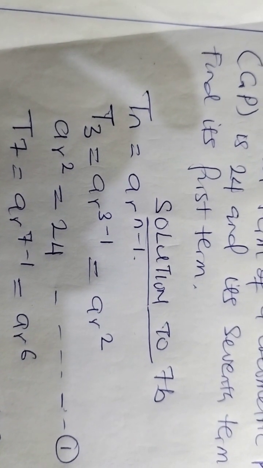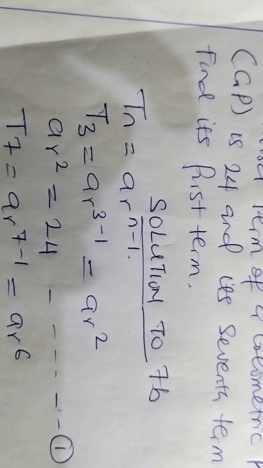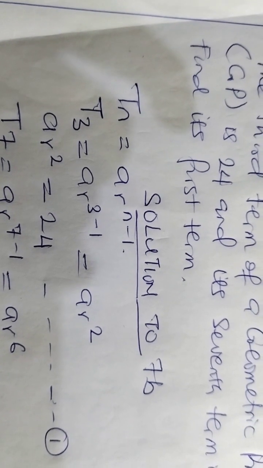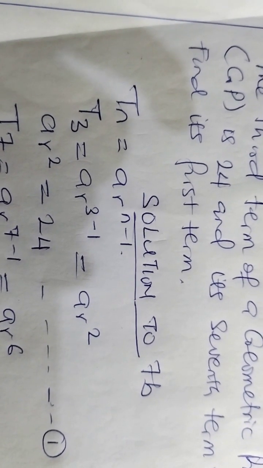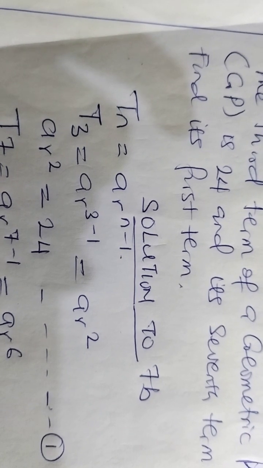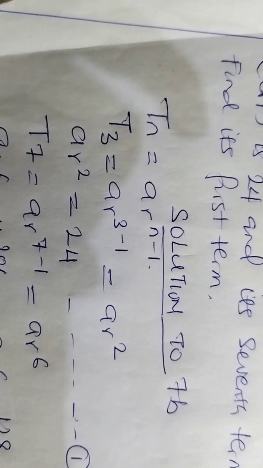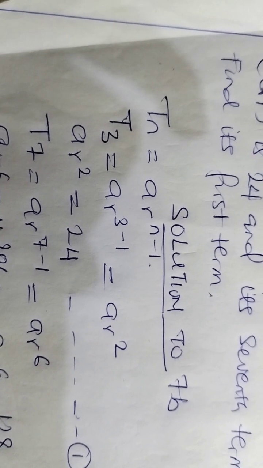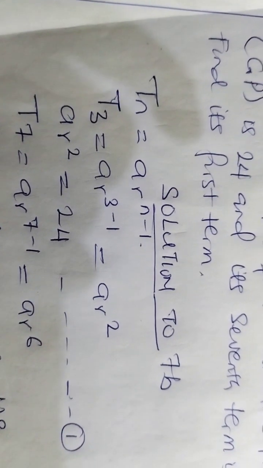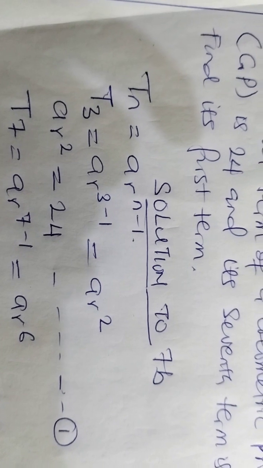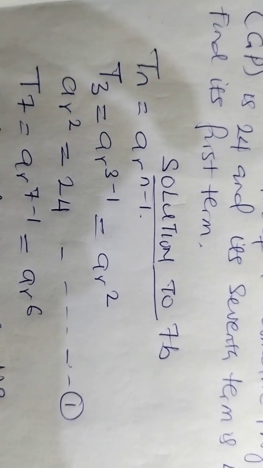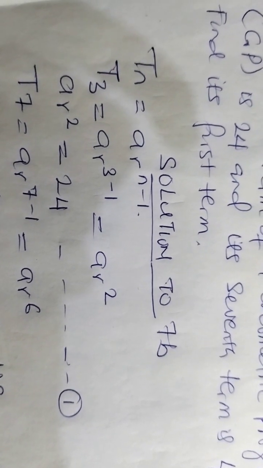The nth term or a particular term for a GP has the formula Tn equal to A R raised to power n minus 1. Then for the third term, replacing n with 3, we have T3 equal to A R raised to power 3 minus 1. That gives you A R raised to power 2.